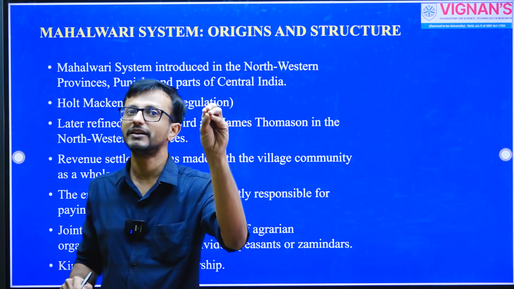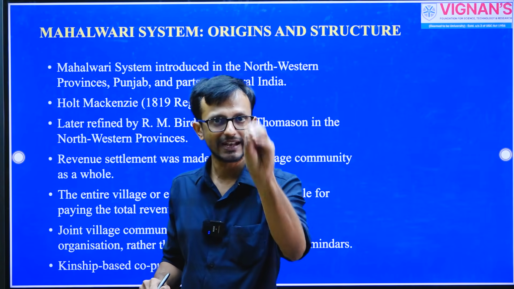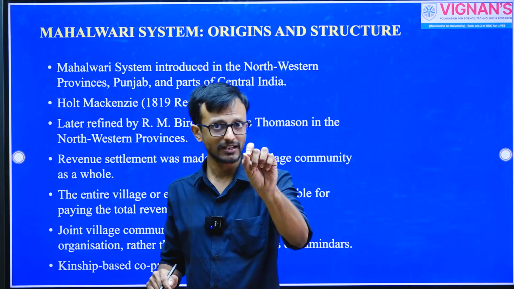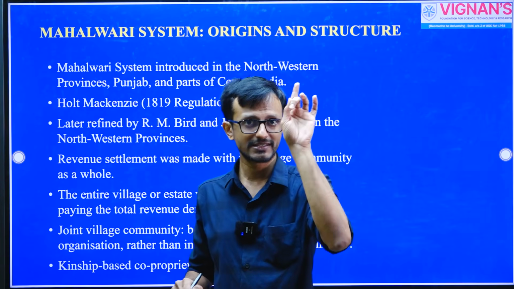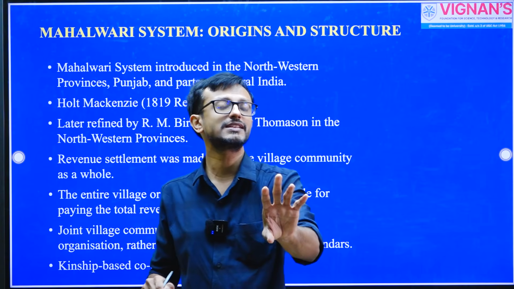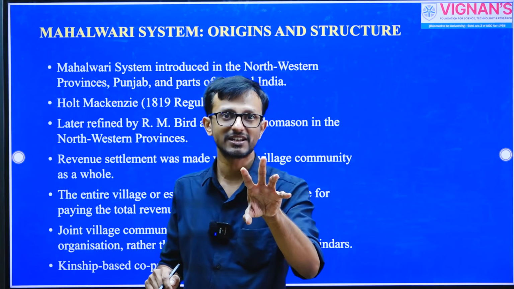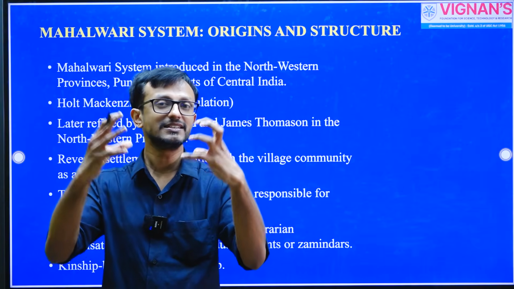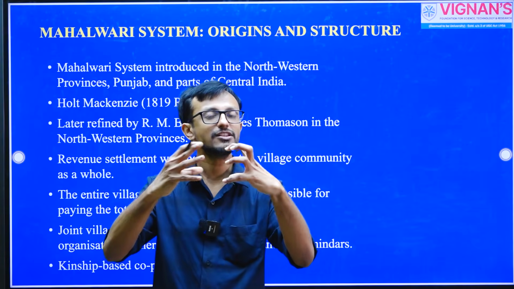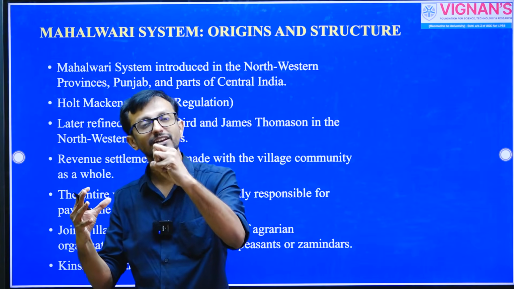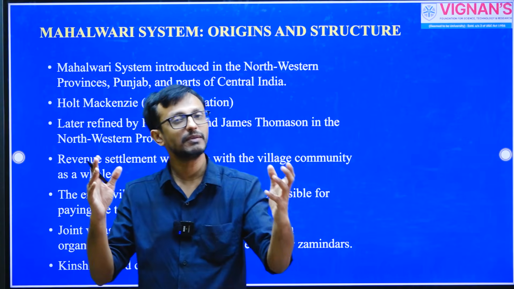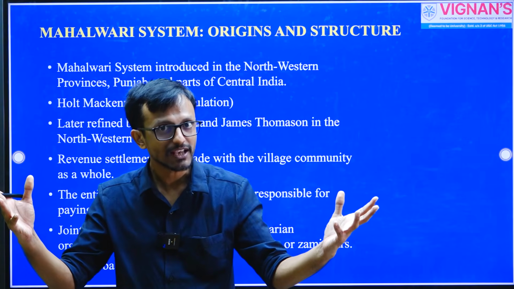If in the permanent settlement it was the zamindar who was the center of attraction, and in the Ryotwari settlement it was the peasant, in the Mahalwari settlement the mahal or the village is the center of attraction. That is, a village is considered as a unit, and through that unit tax is collected from the village headman. At that time India was a land of villages, as you all know.